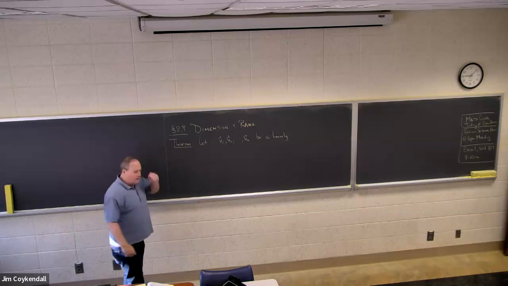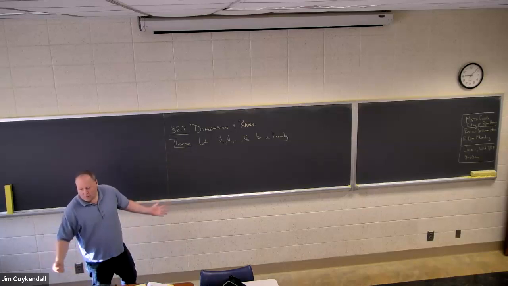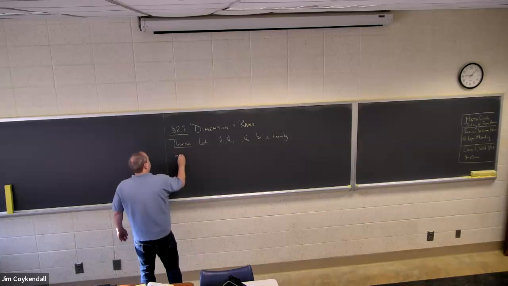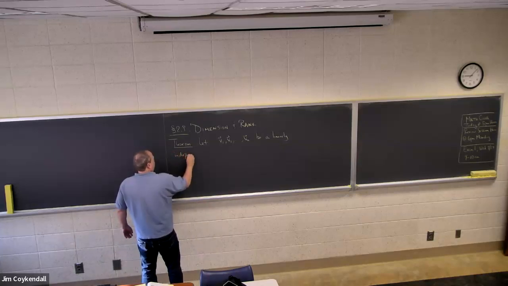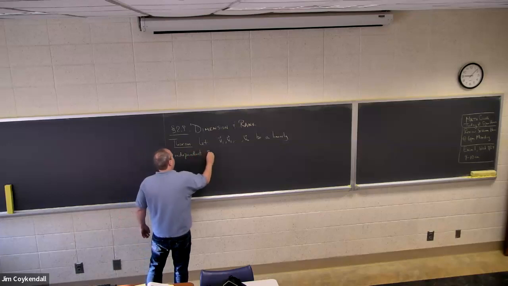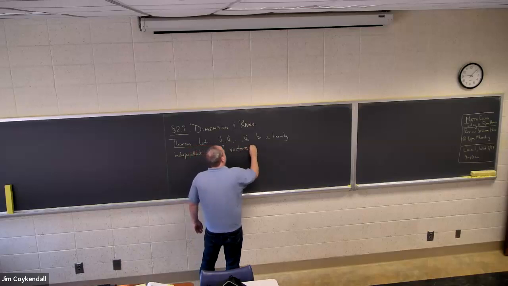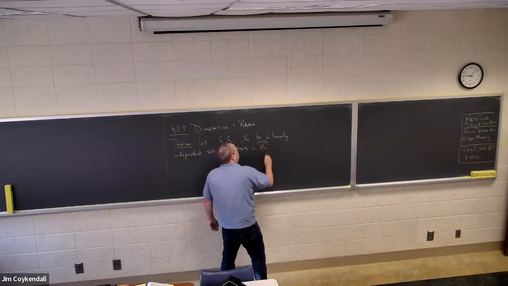So suppose B1, B2, all the way up to BK is a linearly independent set of vectors, all of which live in Rn.